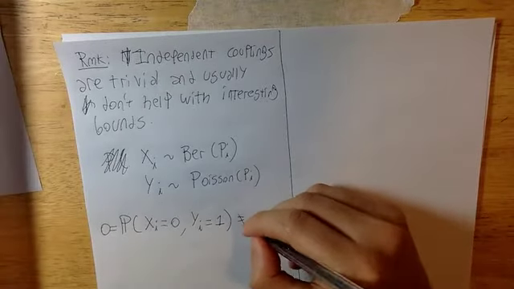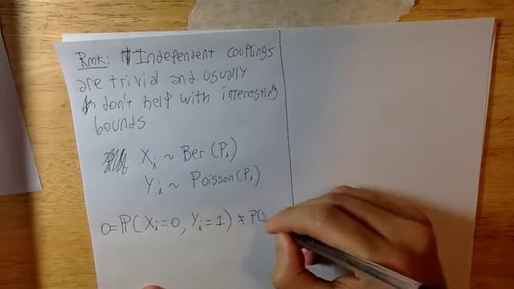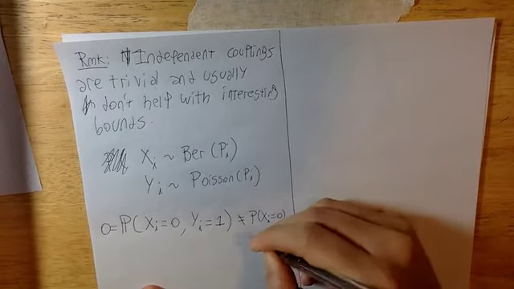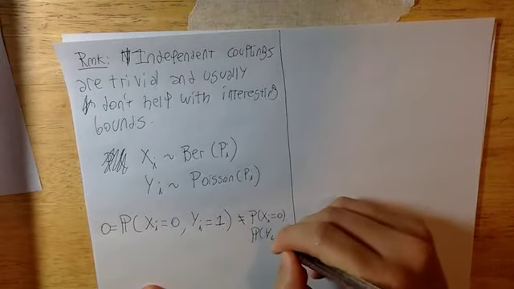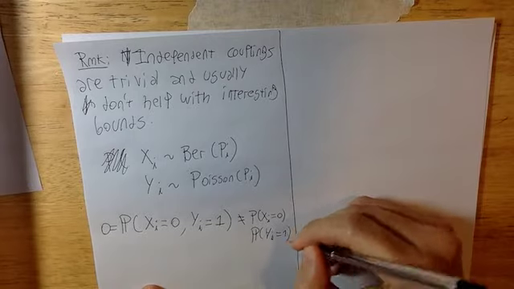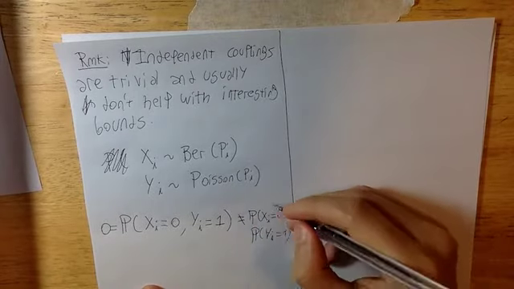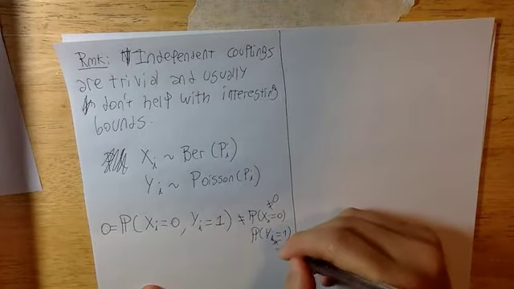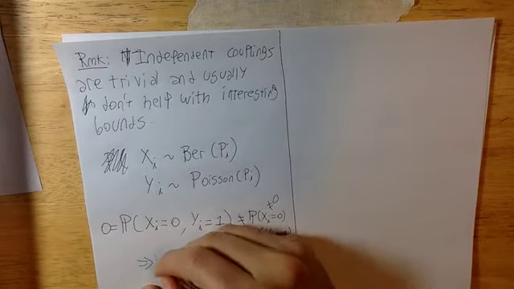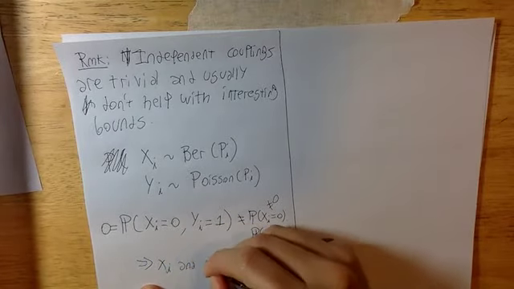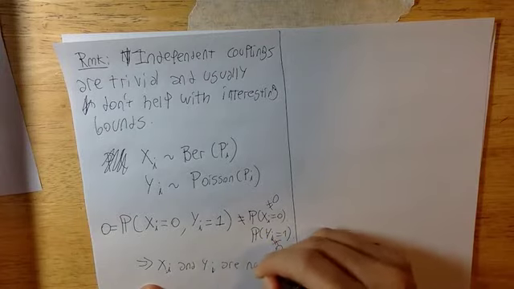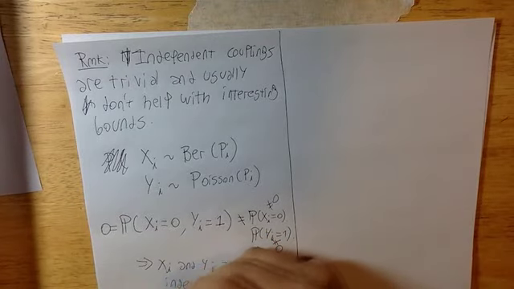Which is different from the probability that xi is equal to 0 times the probability that yi is equal to 1, which are both different from 0. Then xi and yi are not independent.